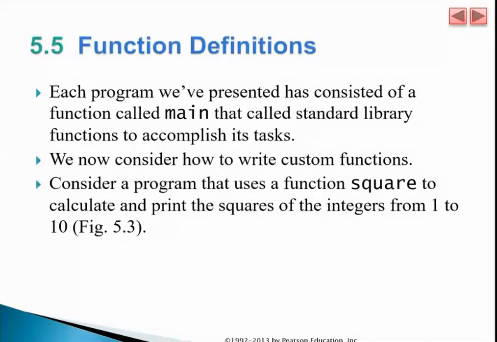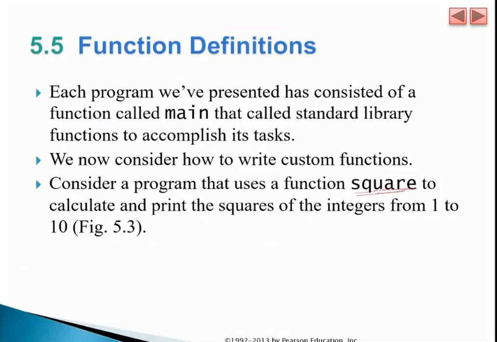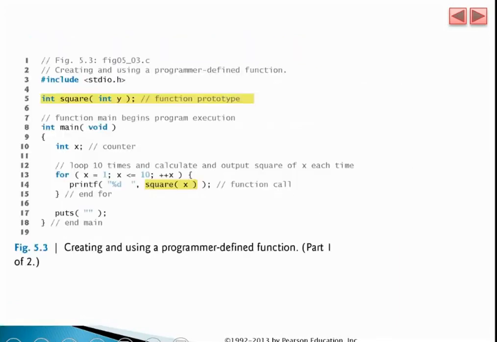Suppose we want to make a program to calculate the square of integers from 1 to 10. This is the program we would like to make. We will do it using a function. Is our aim clear? We want to calculate and print the square of the integers from 1 to 10. Now let's see how we will make it.